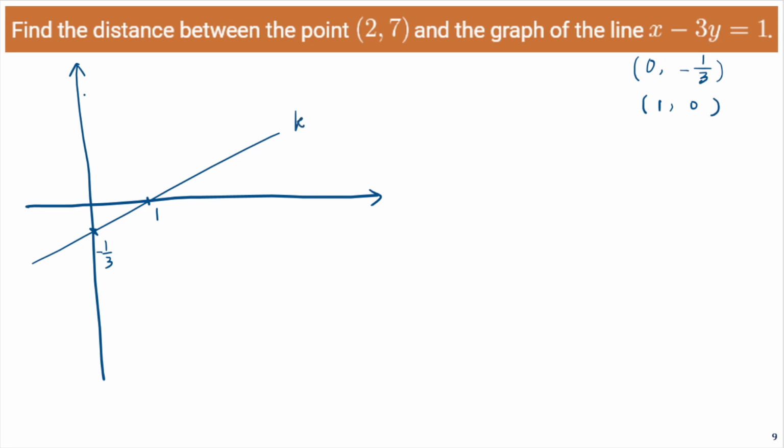Okay, let's call this line K, and we have a point (2, 7), which is somewhere here. Let's call this point P. We let Q be the point on K that is closest to P, and PQ is the distance between the point and the line K, right?